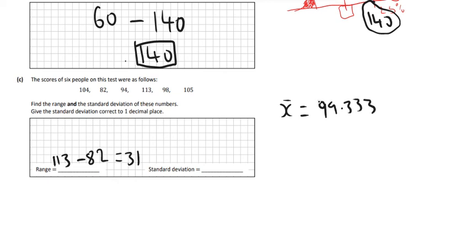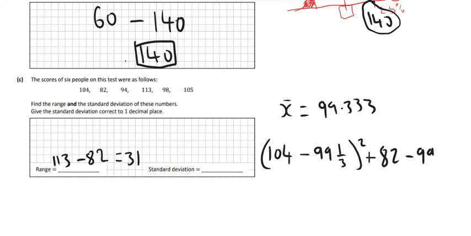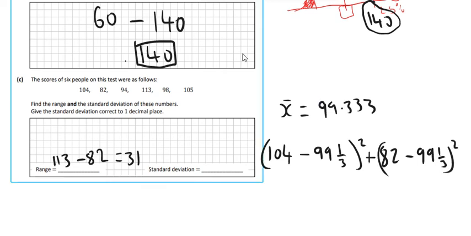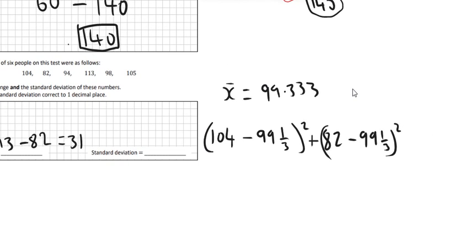Now I'm going to take each of these numbers now. So 104, the first one, and I'm going to take away the mean from it. And then I'm going to square it. And then you're going to add on the next one, which is 82. And you're going to subtract the mean again, and square it. And you're going to keep doing that. So we're going to do that with all the numbers.